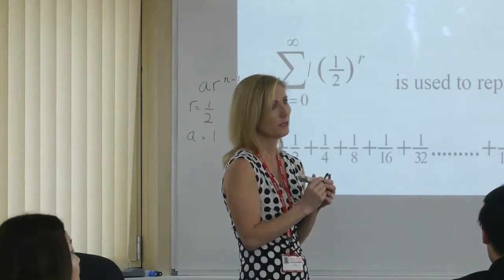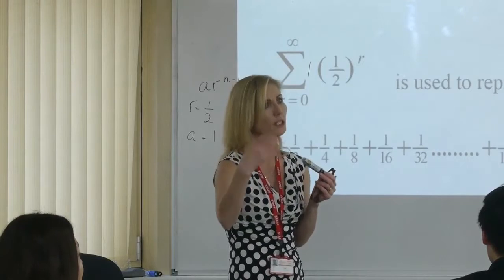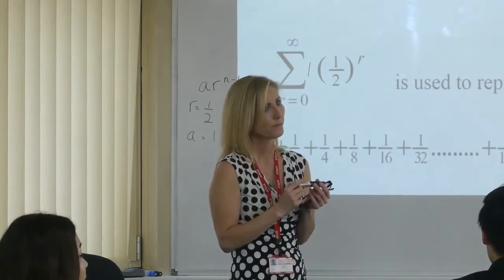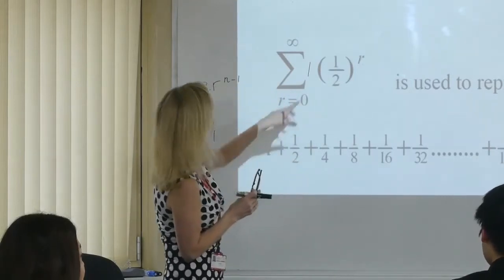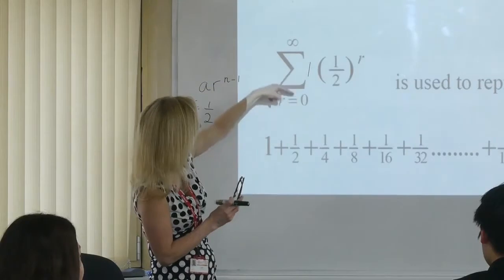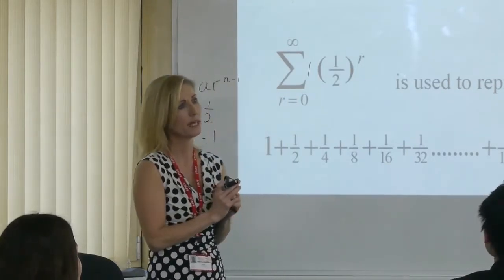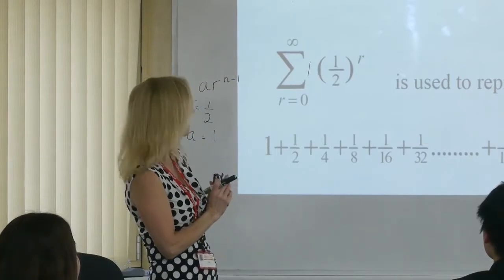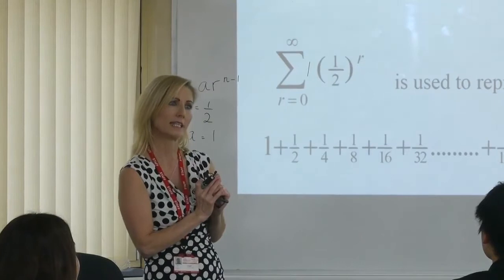We could possibly have a negative value for r. So this is what Peter was saying. We could have a negative value. But that's always going to be increasing, isn't it? I don't think that's necessarily going to give you alternating signs.